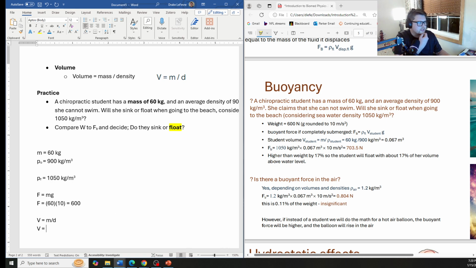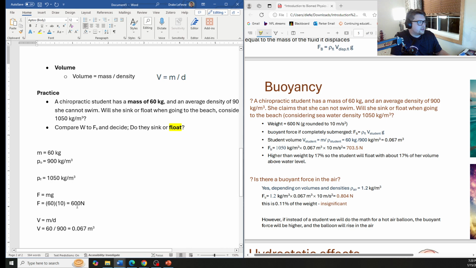Our mass is 60 kilograms divided by 900. That gives us 0.067 meters cubed.